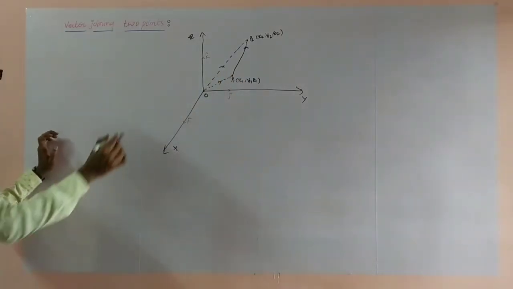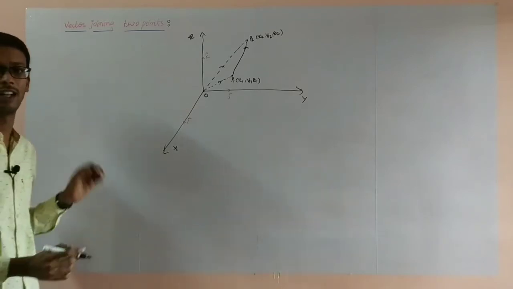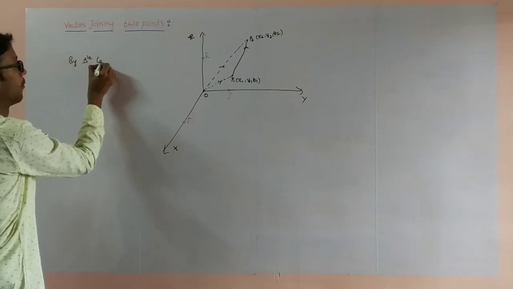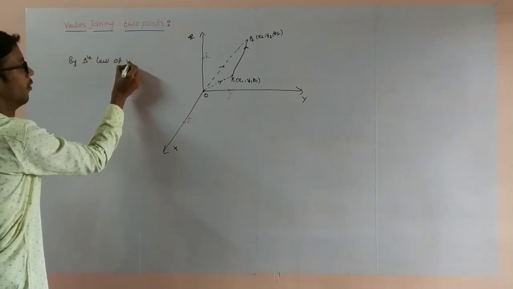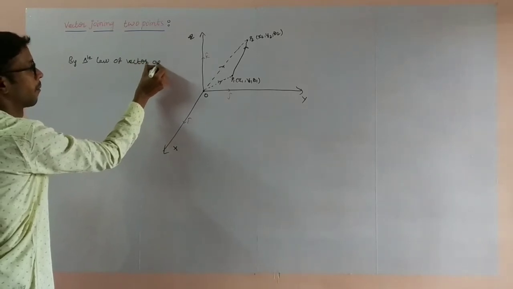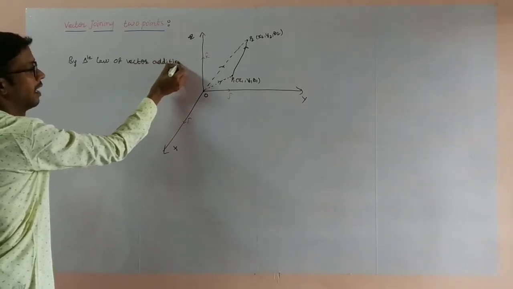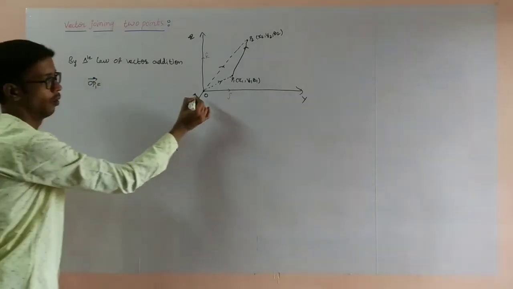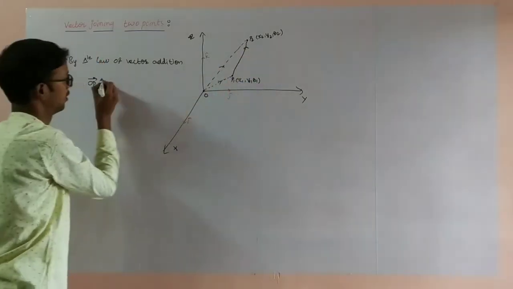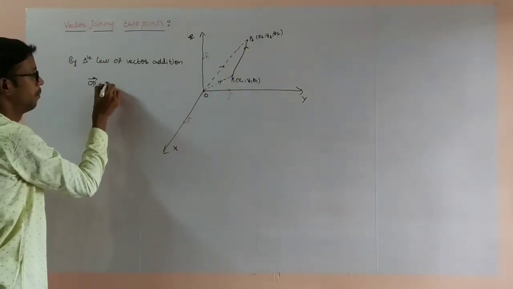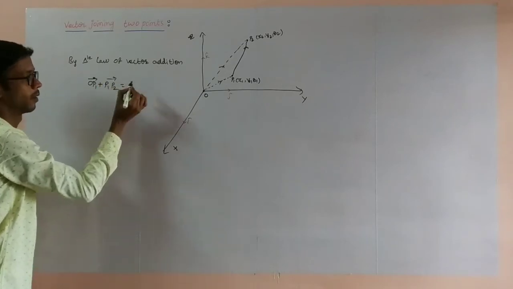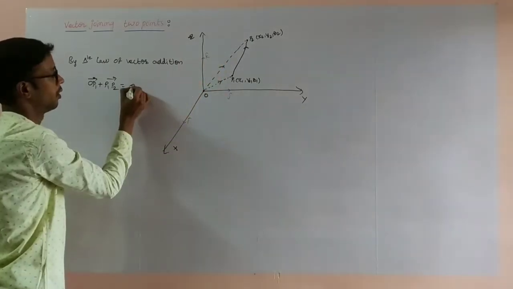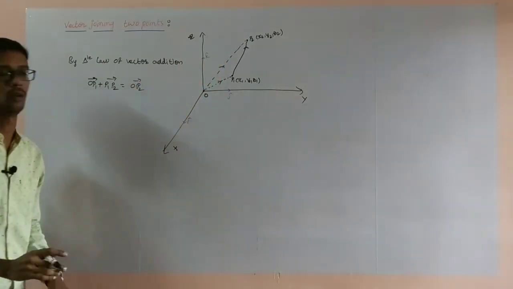Now by the diagram, by the triangle law of vector addition, OP1 bar plus P1P2 bar is equal to OP2 bar.